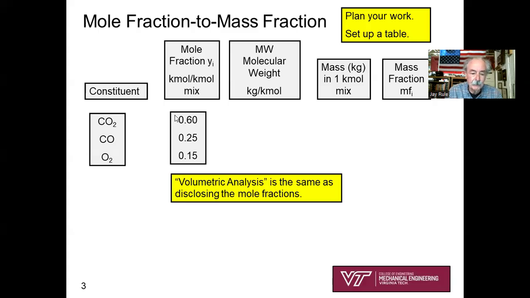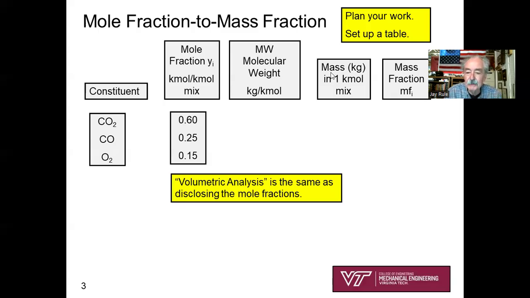Given 0.6, 0.25, and 0.15 for those three constituents, I write that down, but I've also written down the units, kilomoles of each constituent per 1 kilomole of mixture. The next column I'm going to write down is the molecular weight, and I'm going to write the units, kilograms per kilomole. That's the units of molecular weight, isn't it? Or molecular mass, if you prefer. Kilograms per kilomole. Write that down.